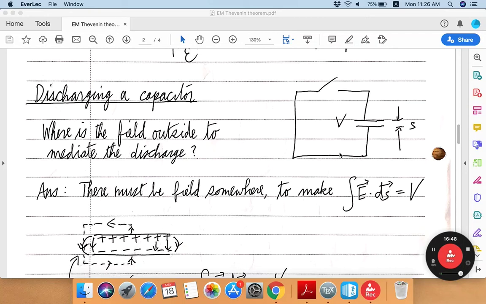Okay, so the setup of the problem is really simple, and this is something that we've been talking about ever since, I guess, physics classes in high school.